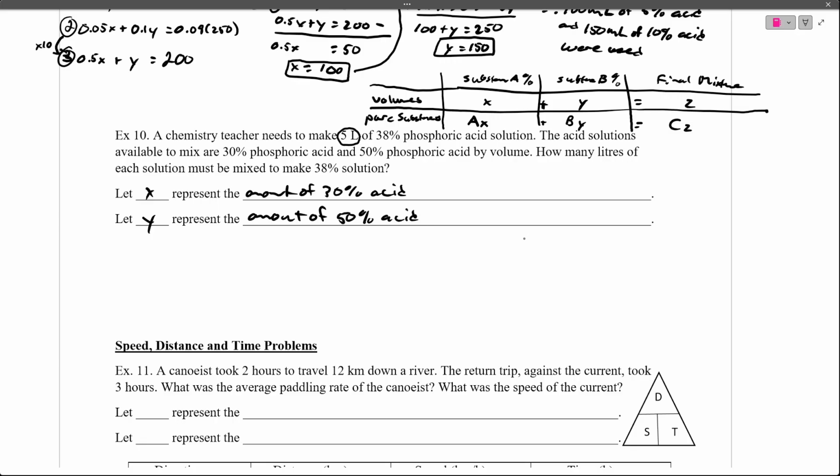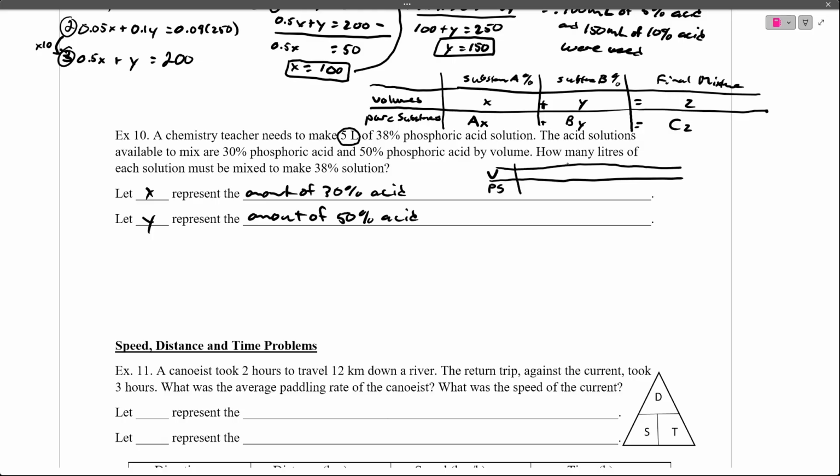Okay. So what is substance A? I don't have tons of space, so we'll do it right here. So we have our volumes first. I'll just put a V there. And then we have our pure substances here. So this is our first row. Now we're going to break this up. We got 3 columns.